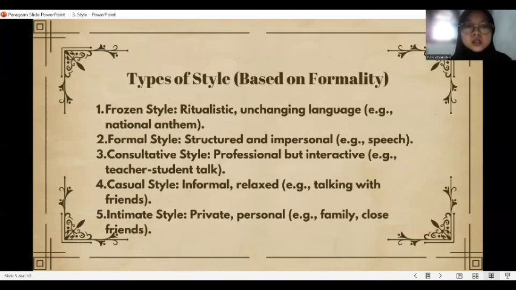The third is consultative style, professional but interactive. For example, teacher and student talk. The fourth is casual style, informal and relaxed. For example, talking with friends. And the fifth is intimate style, private and personal. For example, family and close friends.